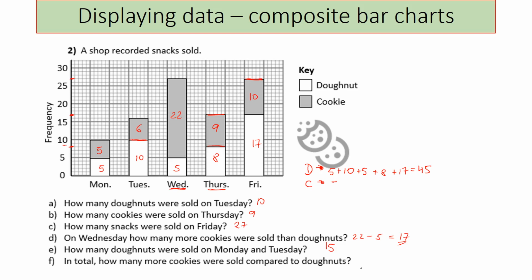So that is 5 plus 6 plus 22 plus 9 plus 10, and that is 52. And now 52 take away 45 is 7. So the answer to the last question is 7.